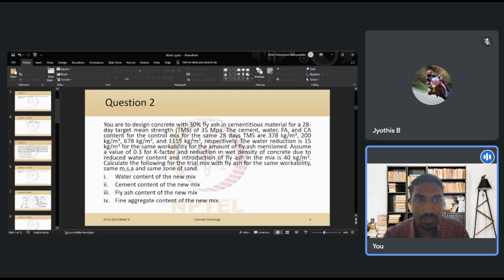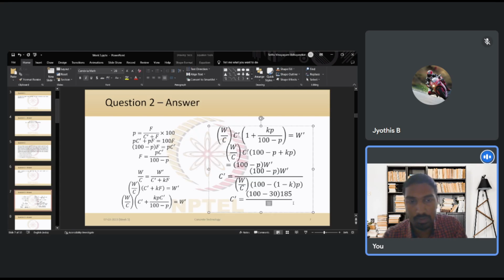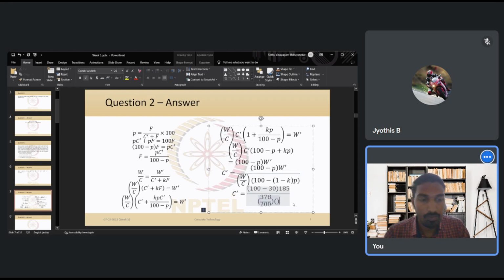So it is 378 by 200, that is the water to cement ratio, 378 by 200 into 100 minus, so K is 0.3, so 1 minus that is 0.7, times 30.